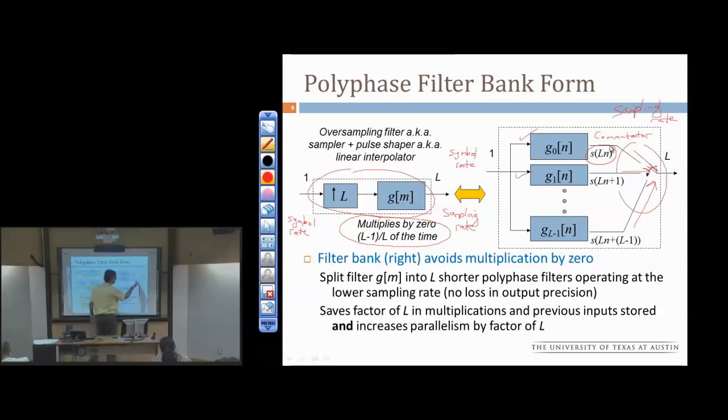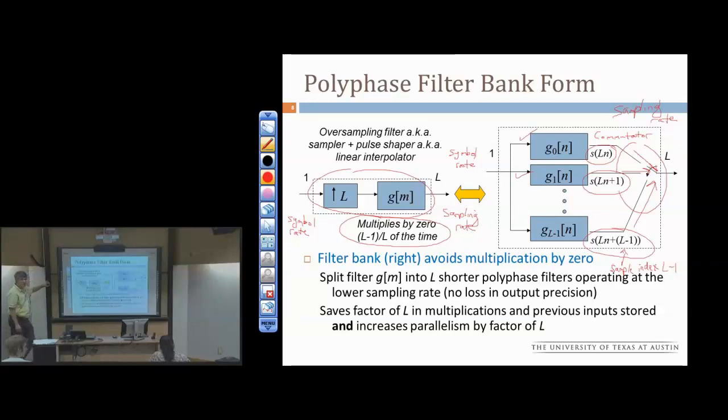This is the nth symbol, little m is 1, and finally the nth symbol with sample index L minus 1. And then I start over again. So the filters run in parallel at the symbol rate, and then I just pull off the output of each filter in order to get the stream at the sampling rate.